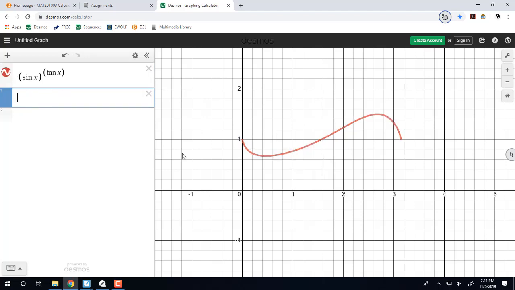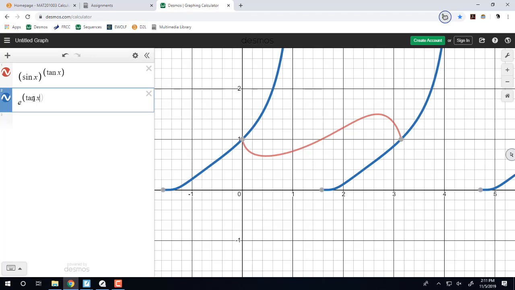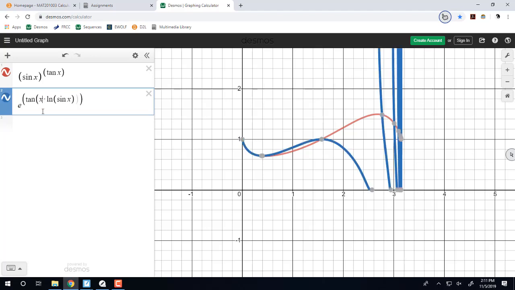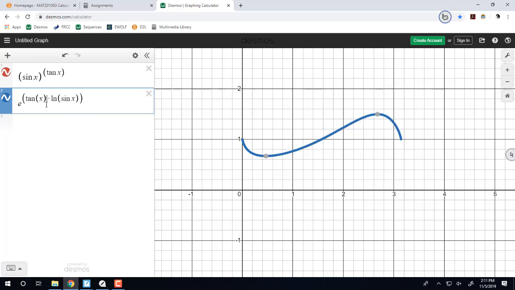We know that's actually a hole there, because of the natural log. Yes, we see that the function's the same. So 0 is undefined.